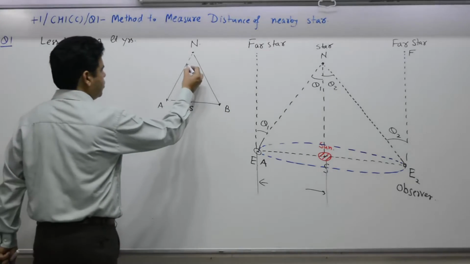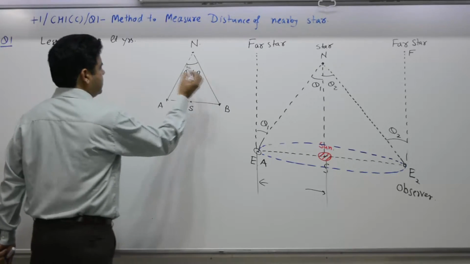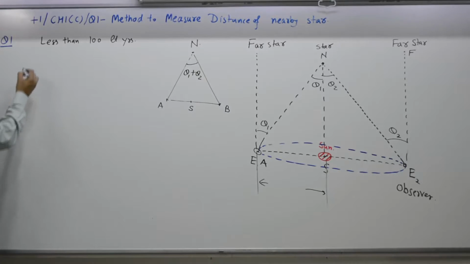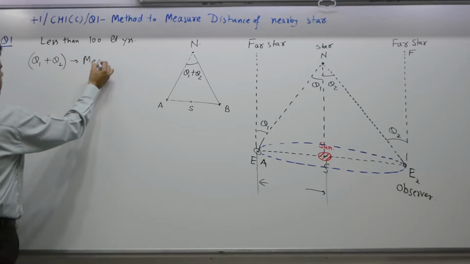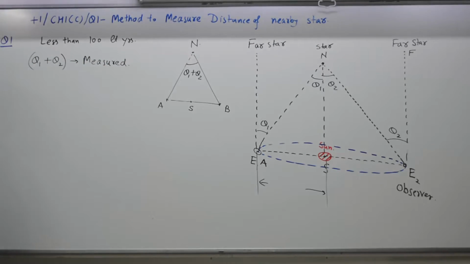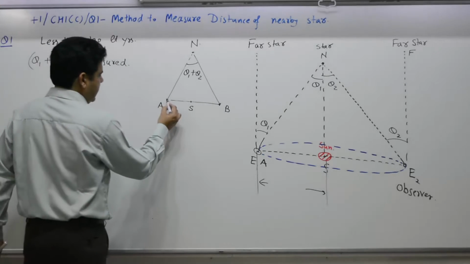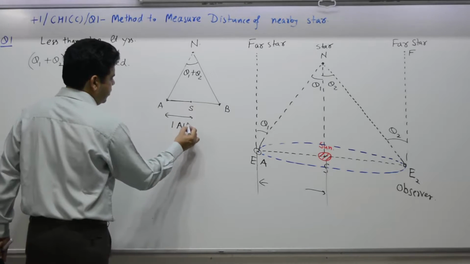What about this total angle? This angle is theta 1 plus theta 2. You have already measured theta 1 and theta 2, so you have measured theta 1 plus theta 2. This distance A to S is 1 astronomical unit.